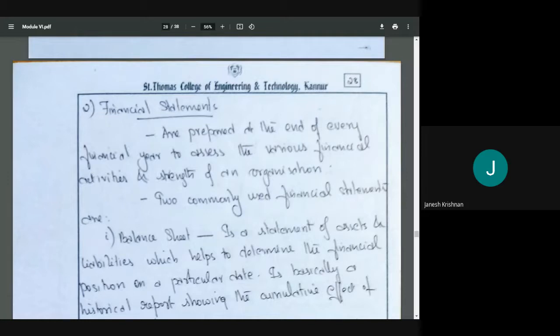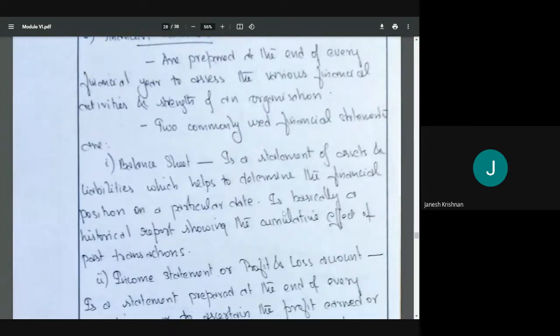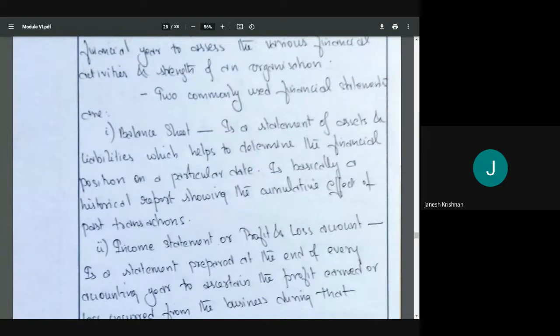We have two commonly used financial statements. One is the balance sheet. You have heard it somewhere, right? The balance sheet is a statement of assets and liabilities. Assets mean whatever I have, maybe the land, building, machinery, the people. Those are my assets. Liabilities: am I having a loan?